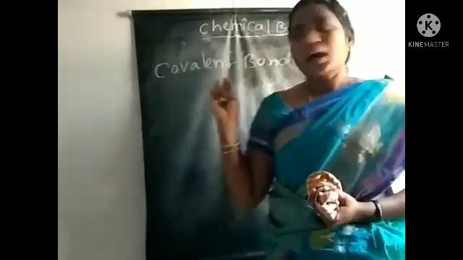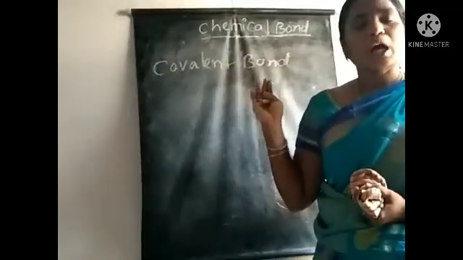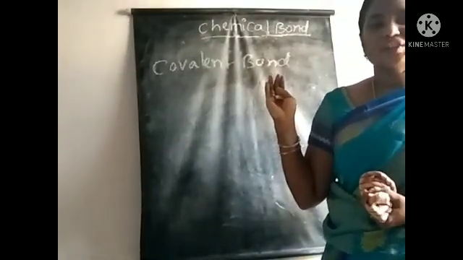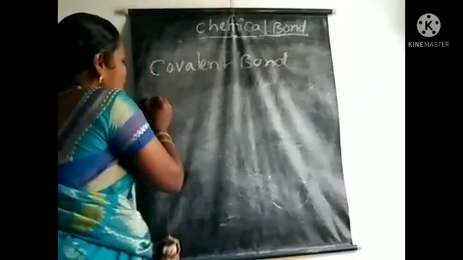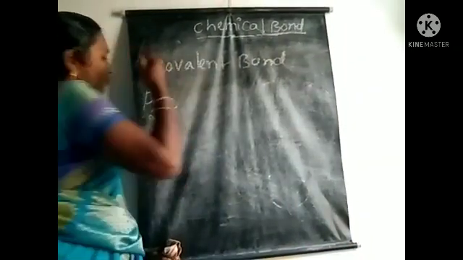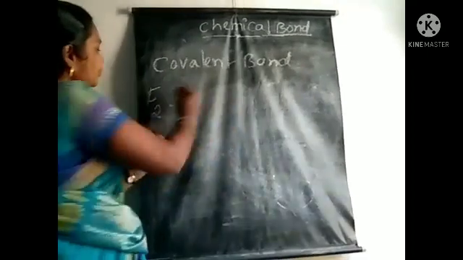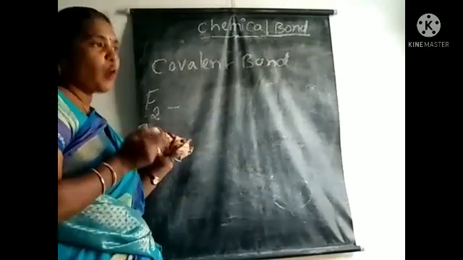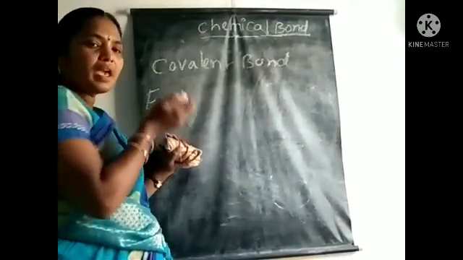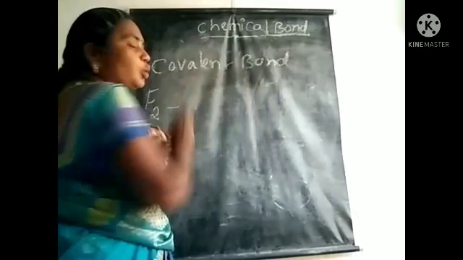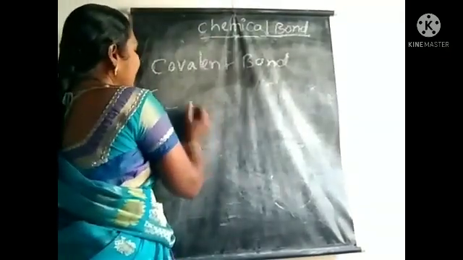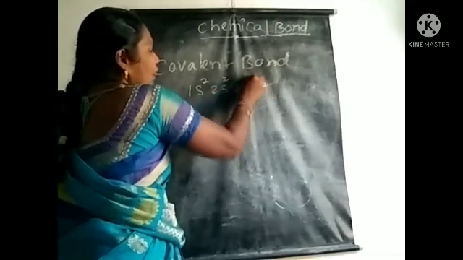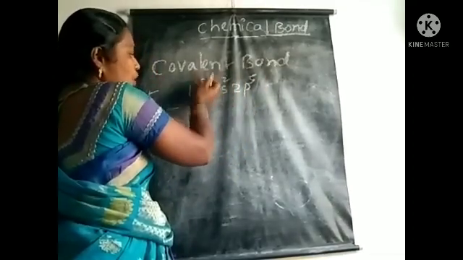Okay, for understanding covalent bond, let us observe some examples. First, the formation of fluorine, F2. Fluorine atomic number is 9. Its electronic configuration is 1s2, 2s2, 2p5. 5 plus 2 is 7, 7 plus 2 is 9.